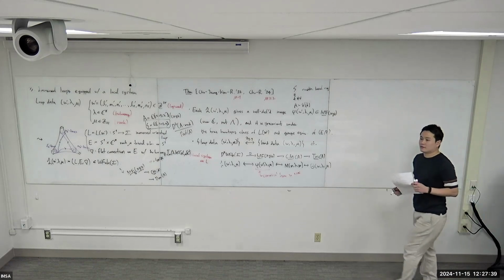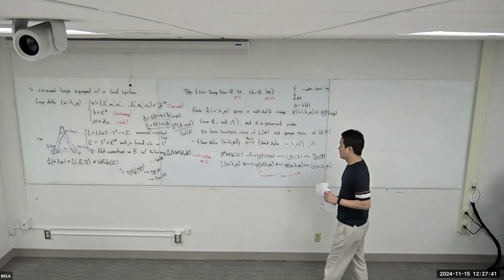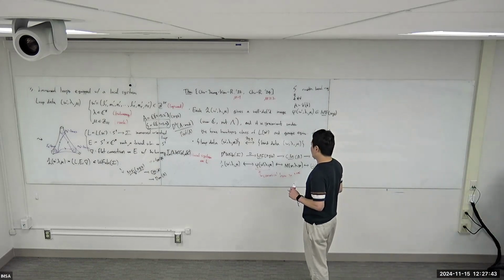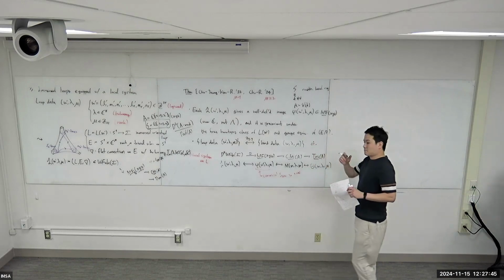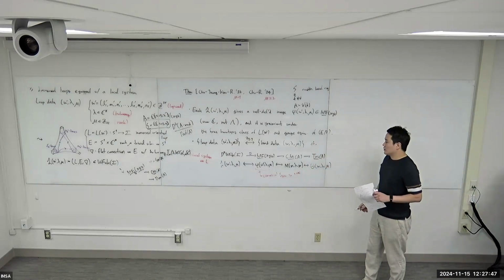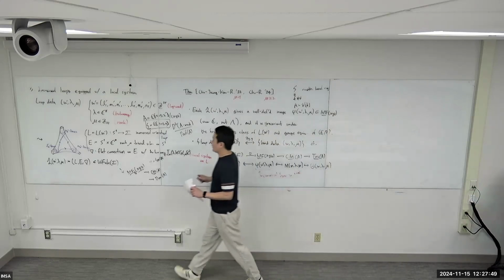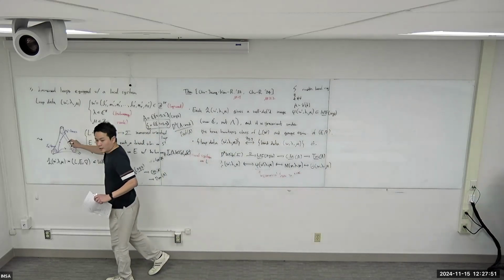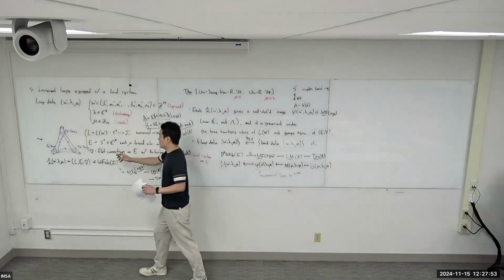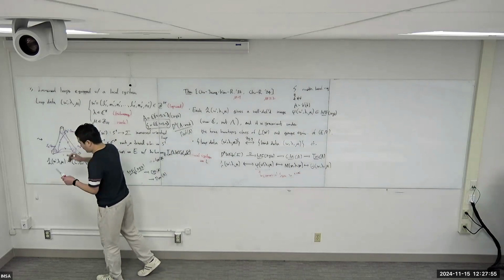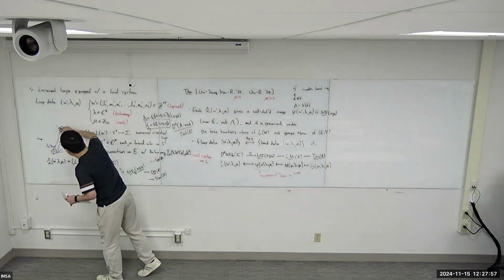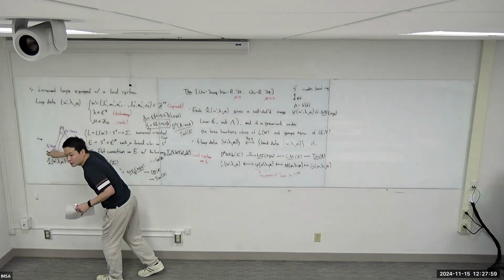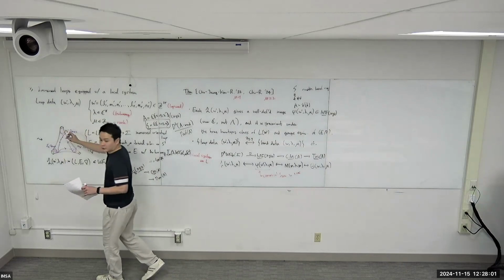Question: there is a concern that you have not considered strings. Yes, actually, here I considered the loops, which are compact objects, but we can also consider arbitrary arcs, which start and end at the punctures.